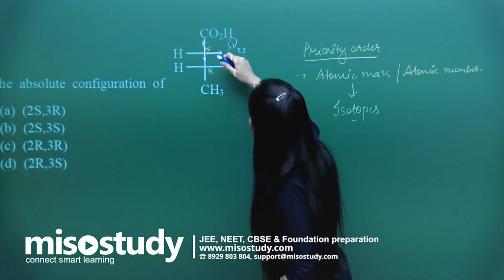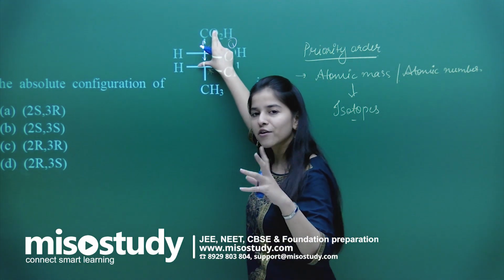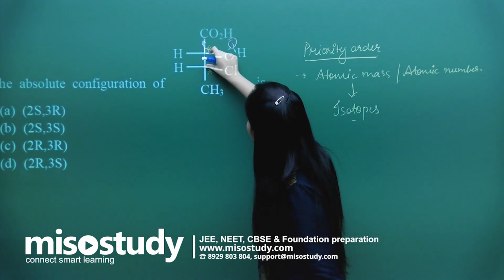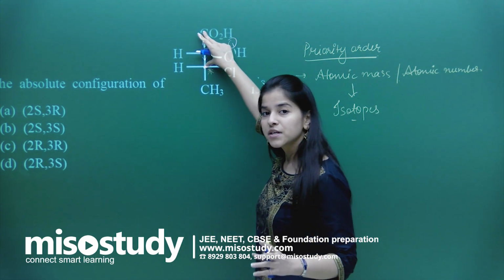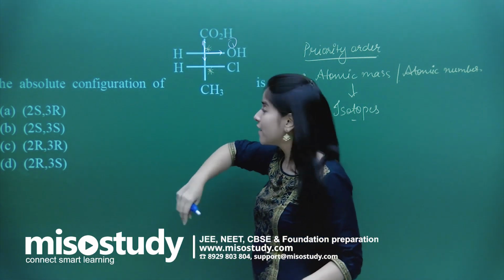So let's move on to the 2 remaining carbons. I need to assign the priorities between the 2. If I move to this carbon and this carbon, the first atoms are similar. But if I move on to the next, what do I have?